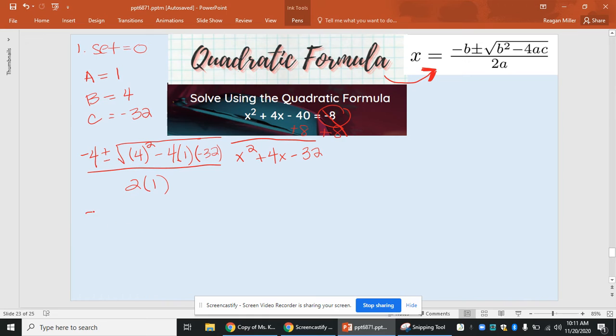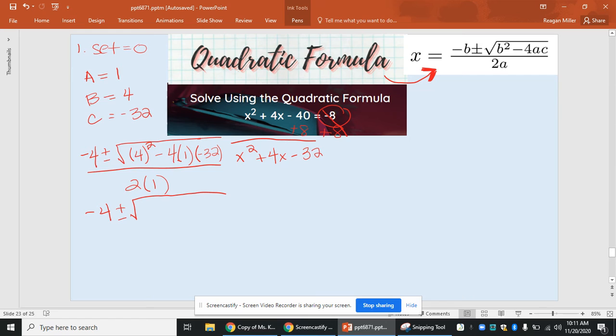So now what we're going to do in the next step is some simplifying. You can get your calculator out, but you just need to be real careful in how you're typing this in. I always start here with B squared. You have to put it in parentheses because if this number was negative and you didn't put it in parentheses, it would mess up your answer a little bit.